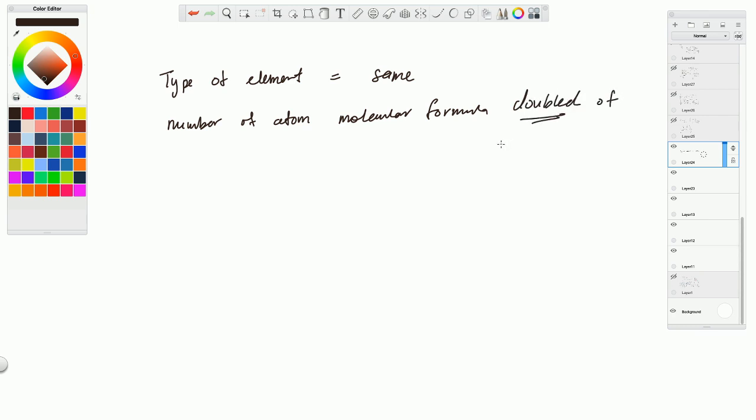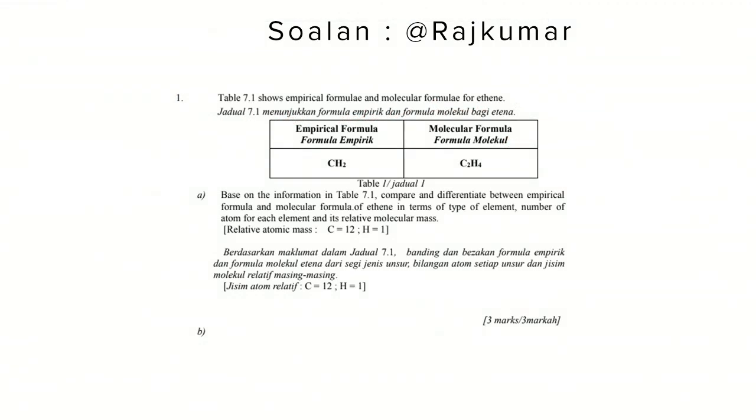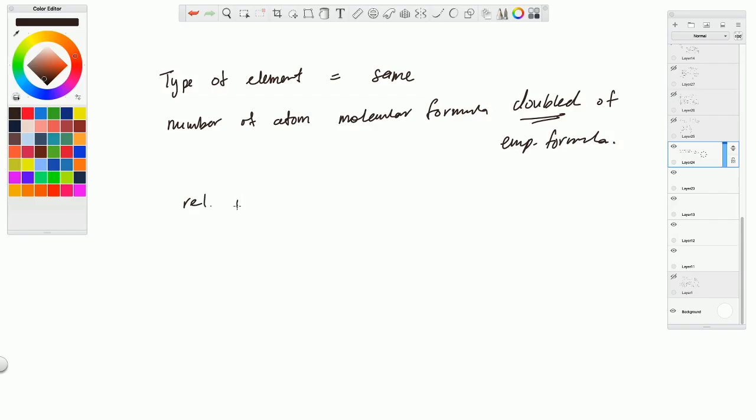It's just times 2. And then one more, the relative molecular mass. So the relative mass is also doubled. Okay, so 3 marks. They're just asking you to differentiate. All right, next question.